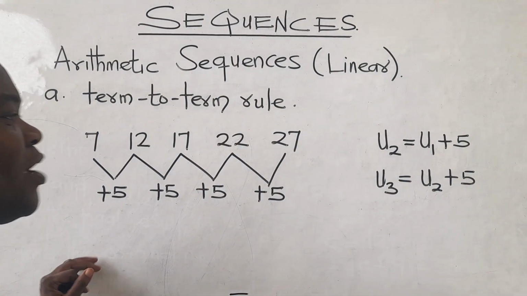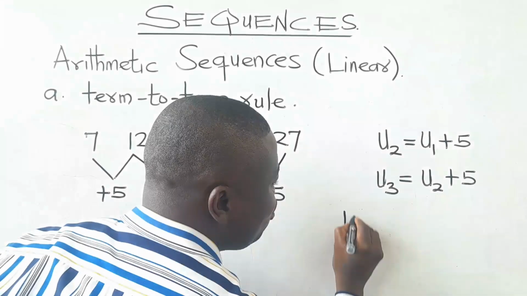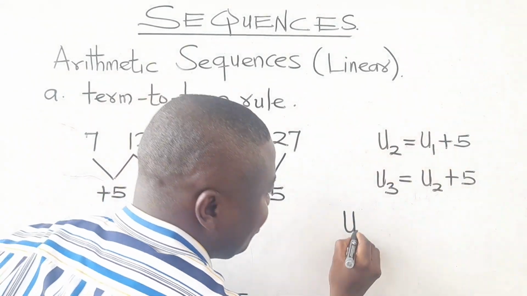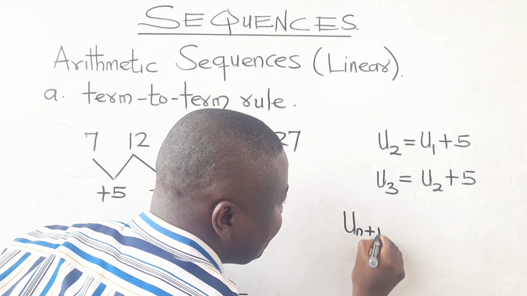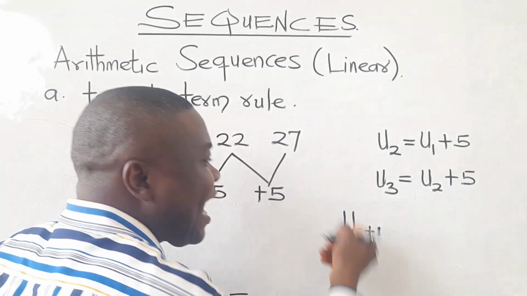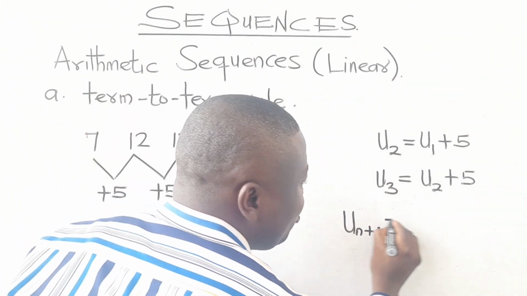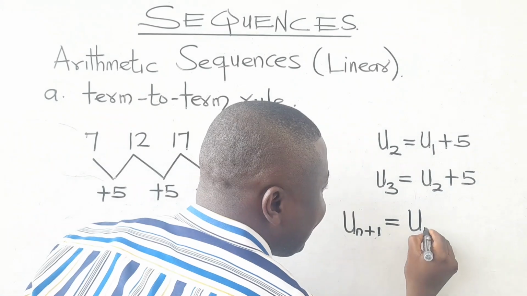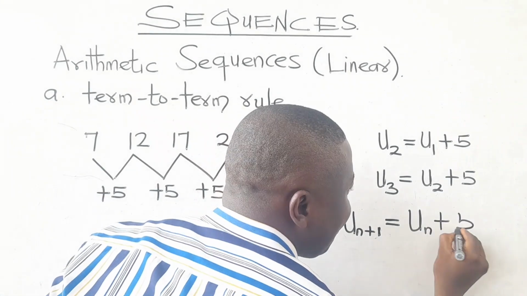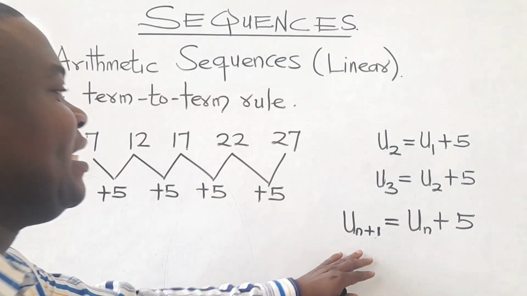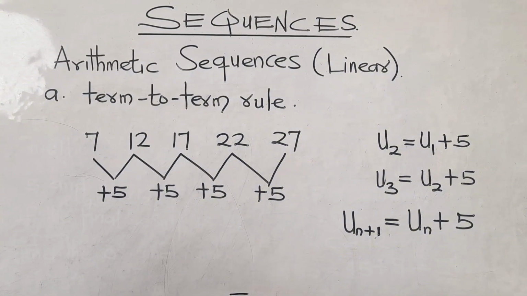Now, what if I want the next term in general? It will be U(n+1), meaning 1 above n, equals Un plus 5. So this is the term to term rule.